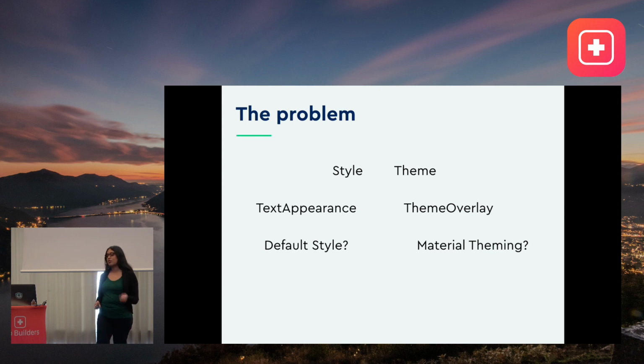Material theming, when I first learned about this, I was pretty confused. Is this the same thing as material design 2, a material component? Does this have anything to do with the good old Android theme?